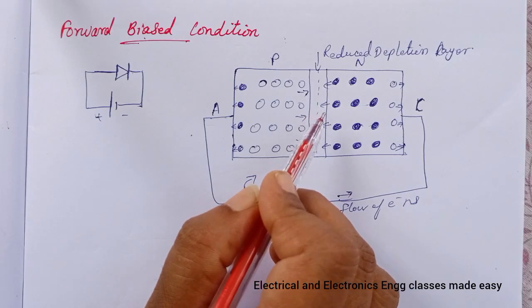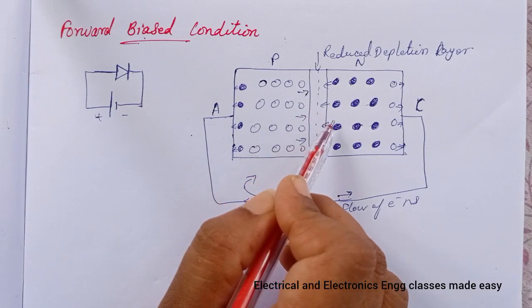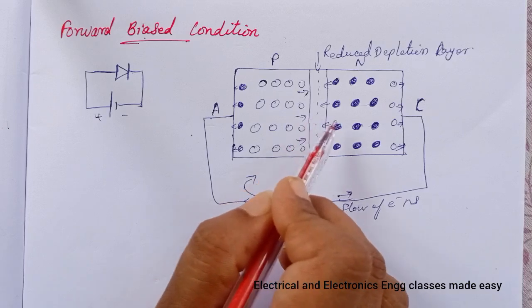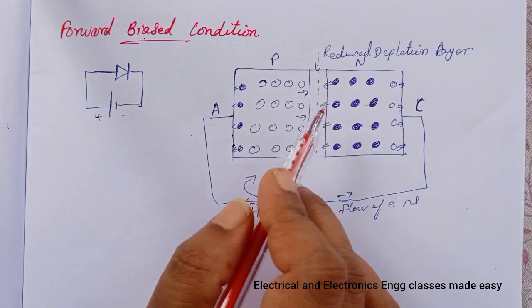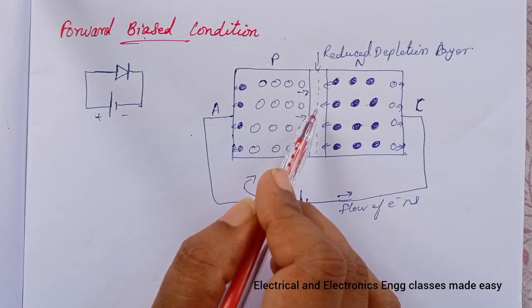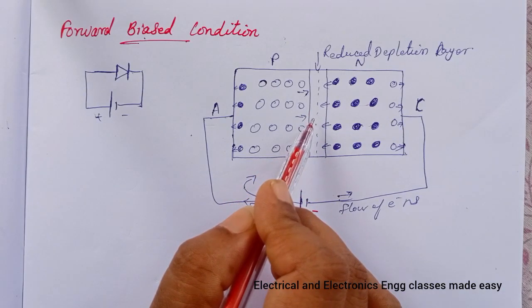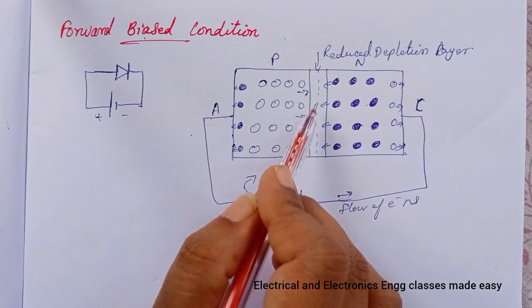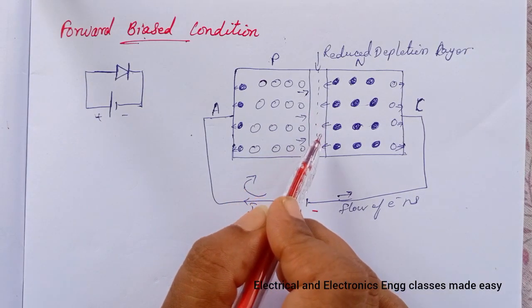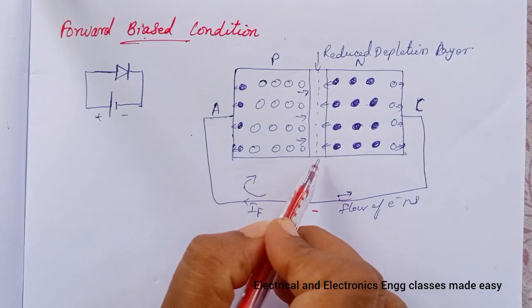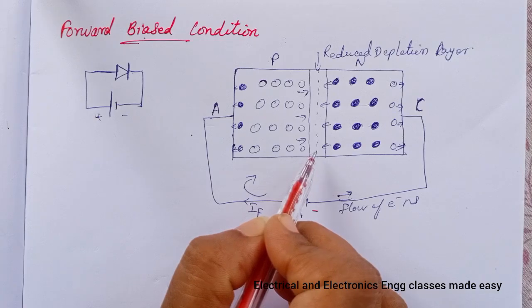Since the holes and electrons have acquired energy from the voltage source, some of these enter into the depletion region and they recombine at the junction, and this reduces the width as well as the height of the potential barrier.